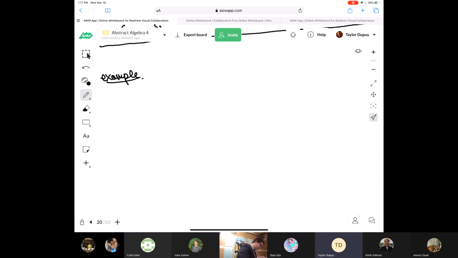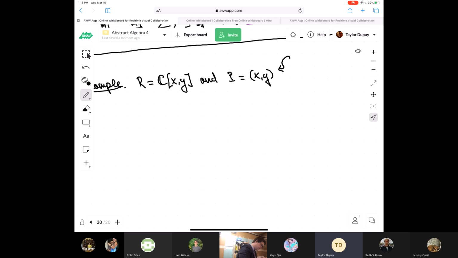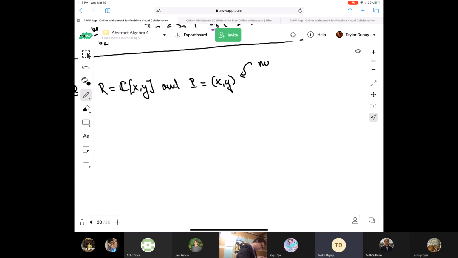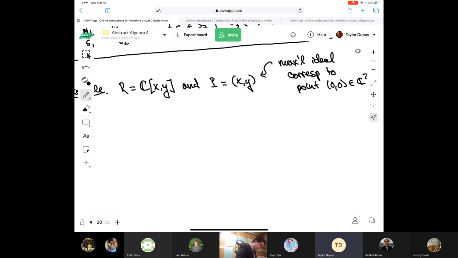Let R be C[x,y], our favorite ring, and P be this ideal here, the maximal ideal corresponding to the point (0,0) in C^2.